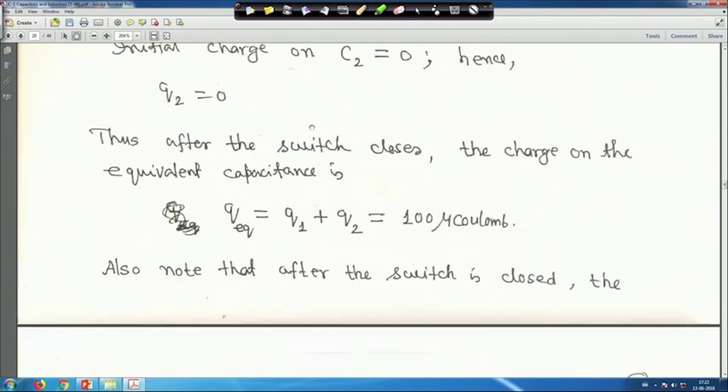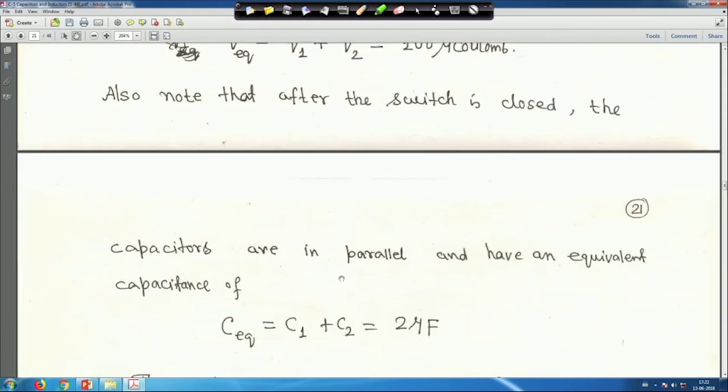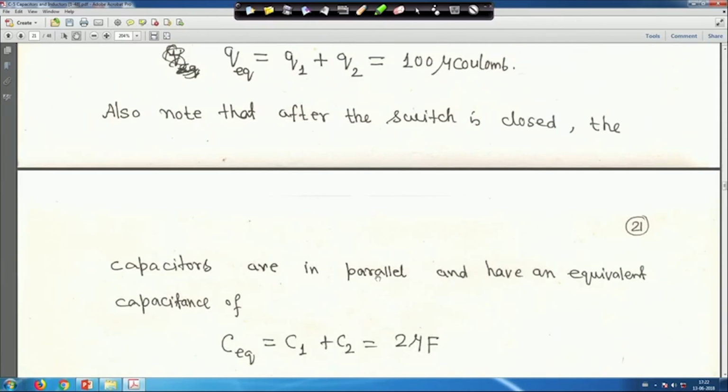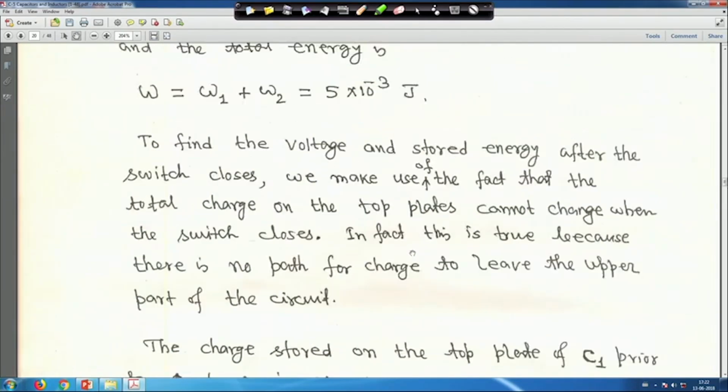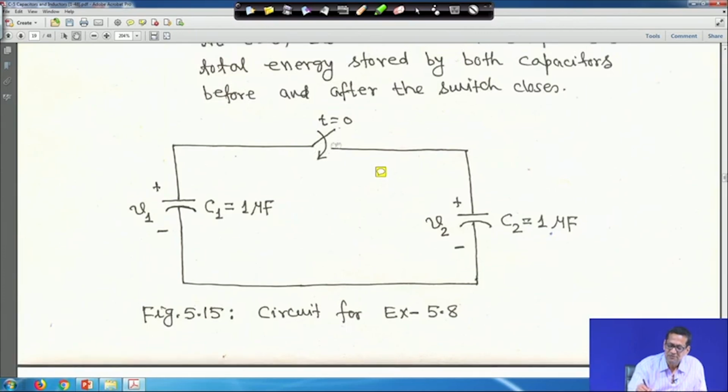Now, also note, after the switch is closed, the capacitors are in parallel. We have an equivalent capacitance. If you go back to the circuit, when the switch is closed, this C1 and C2 are in parallel, and both are equal, right.